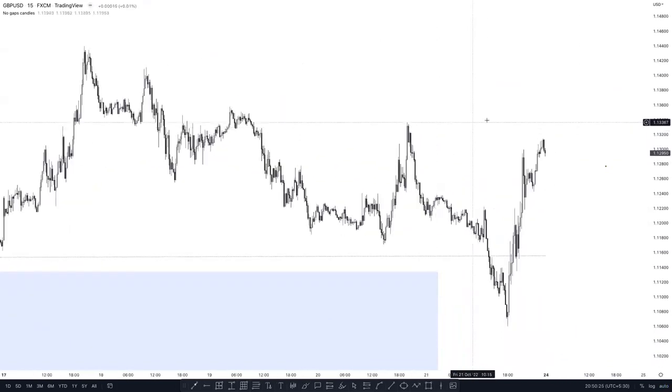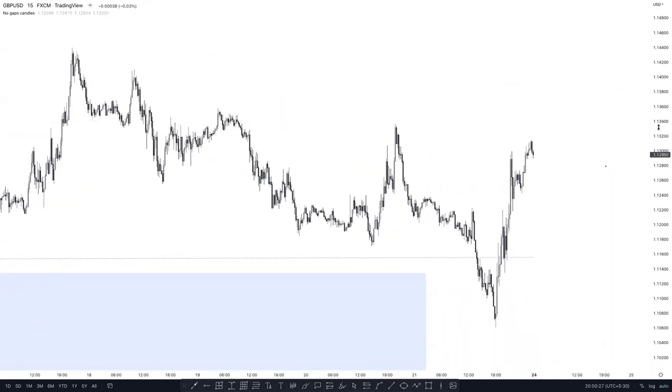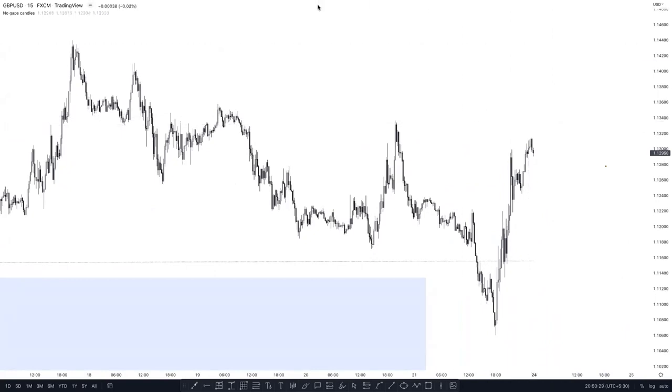Okay. So everyone mark here the 15-minute structure, 15-minute lower low and lower high and inducement.